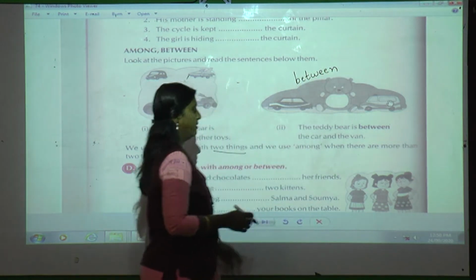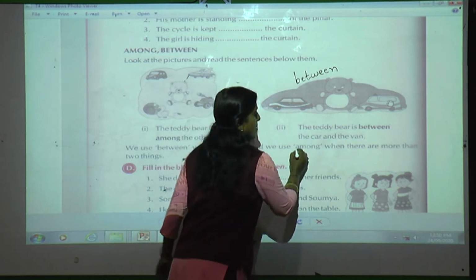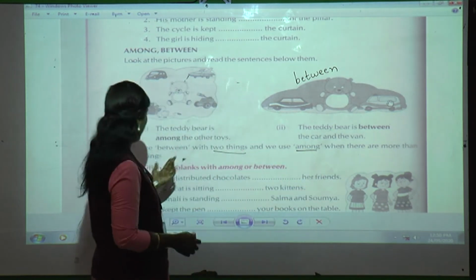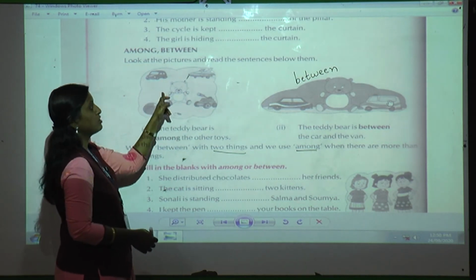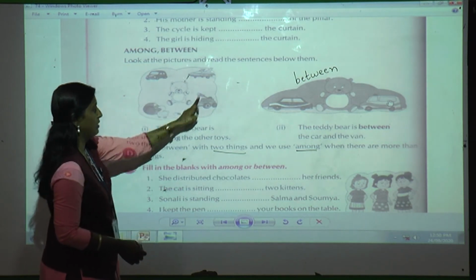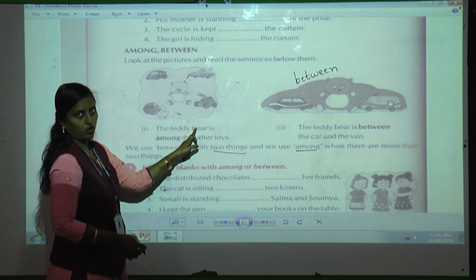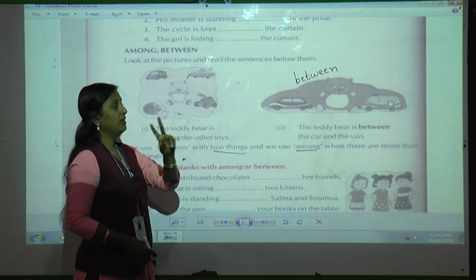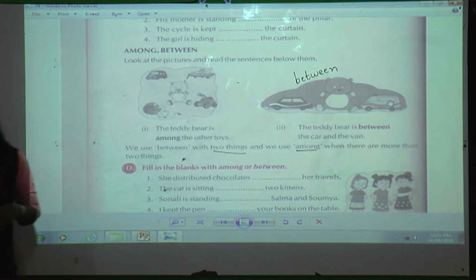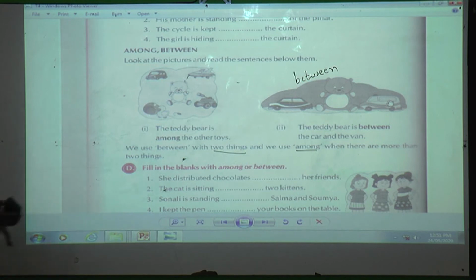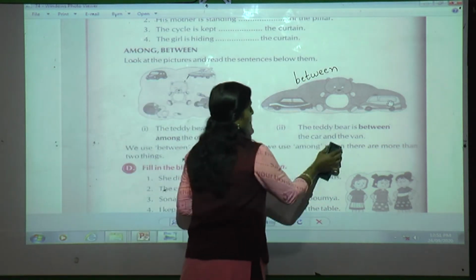But we are going to use among when there are more than two things. Here we can see there are more than two things. So the teddy bear is among these toys. So when there are two things, we use between, and when there are more than two things, we use among. Understood, students, how we are going to use between and among?